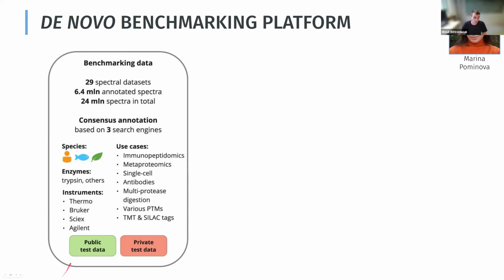And then importantly, the data was divided into public and private test data. So about half of the data is public test data. For these, the exact origin of the data sets and which public data sets on PRIDE or MassIVE they come from is available.